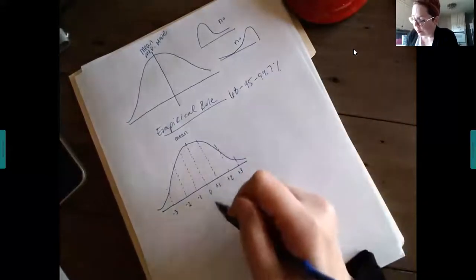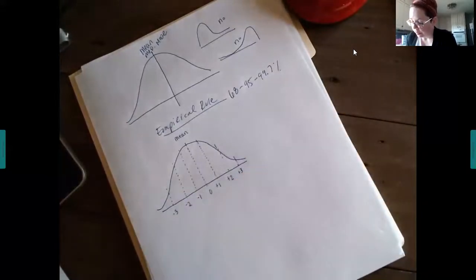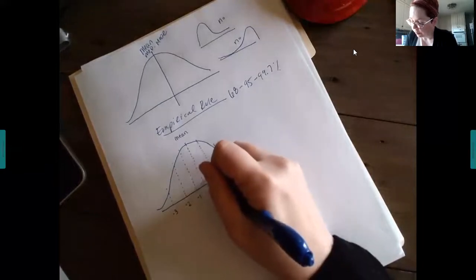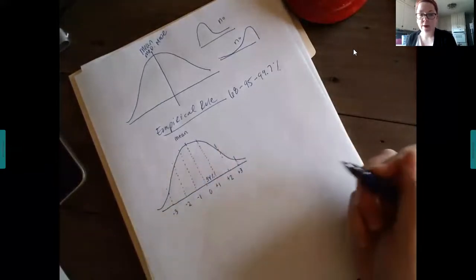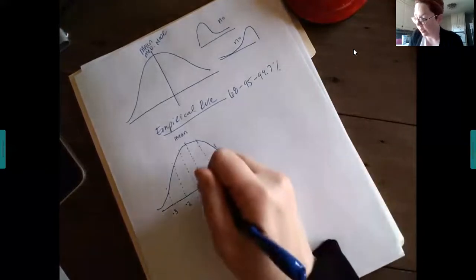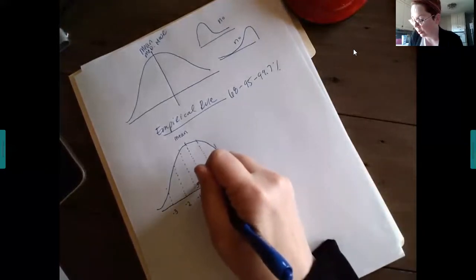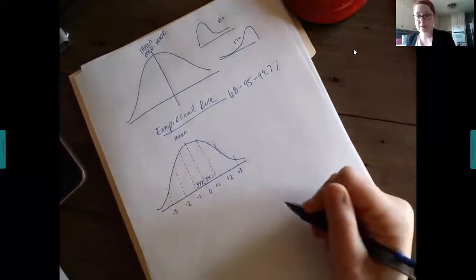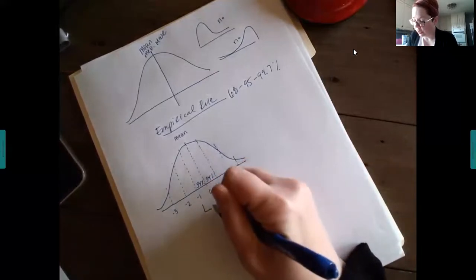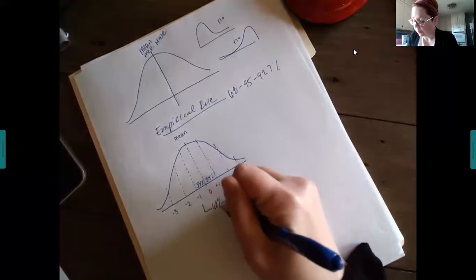So typically we see that 34% of whatever you have is 1 standard deviation above. And since this is symmetric, 34% is below. So if you add those two together, you get 68%.